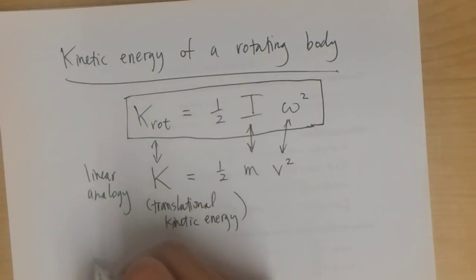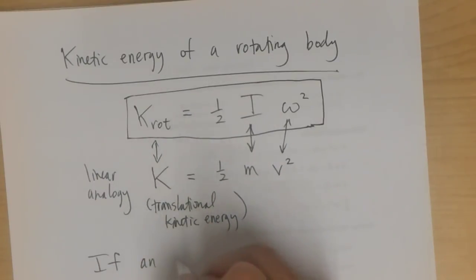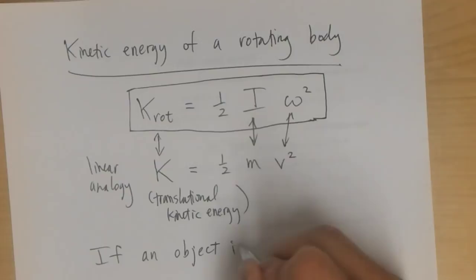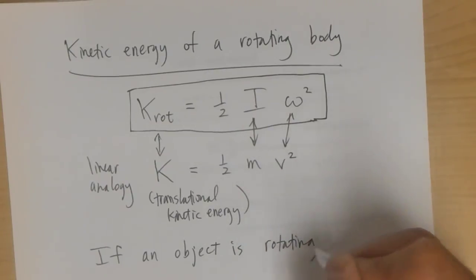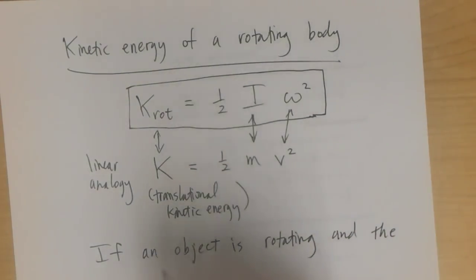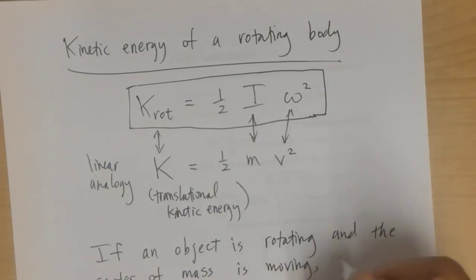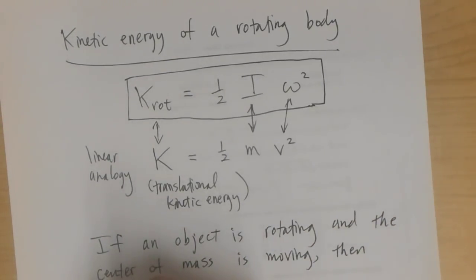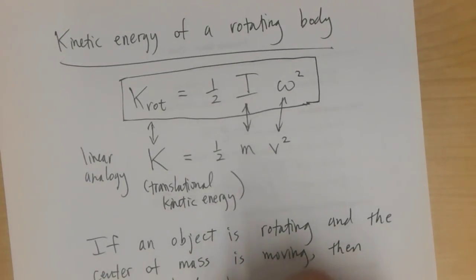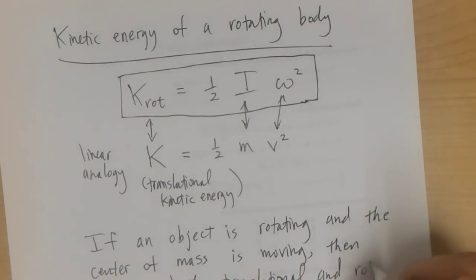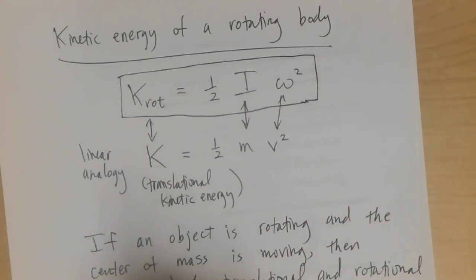Now, if an object is rotating and the center of mass is moving, then we have both the translational and rotational kinetic energy.